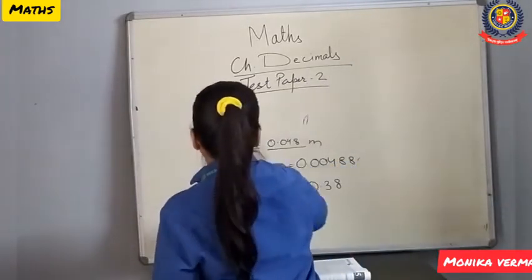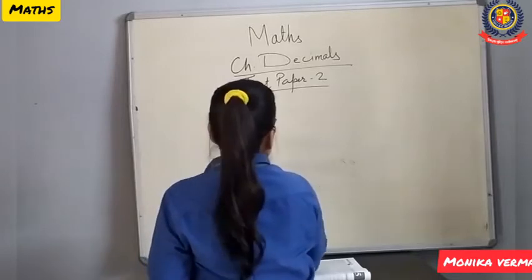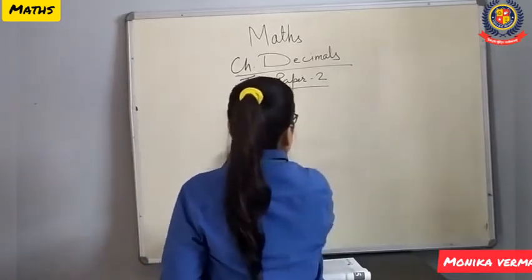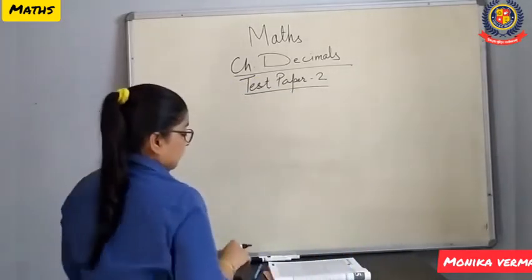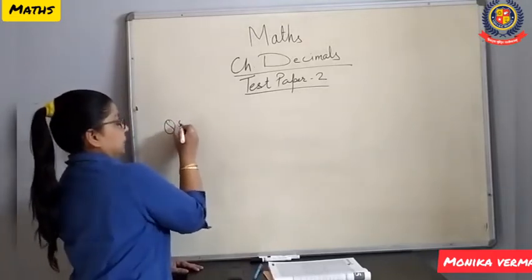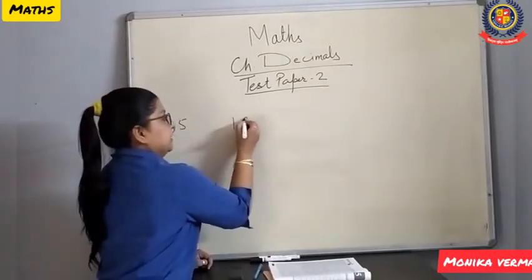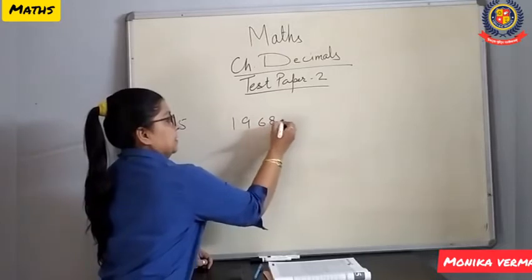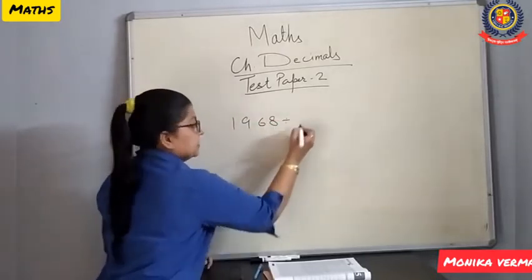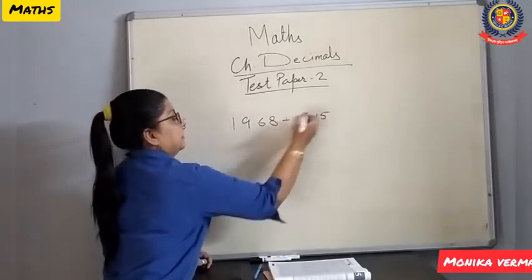Now question number 5. Divide 19.68 divided by 6.15.